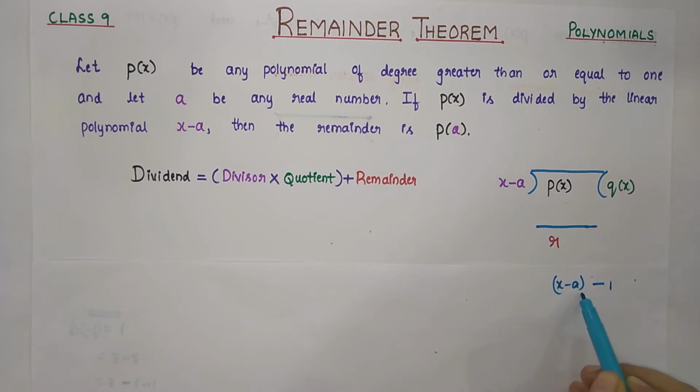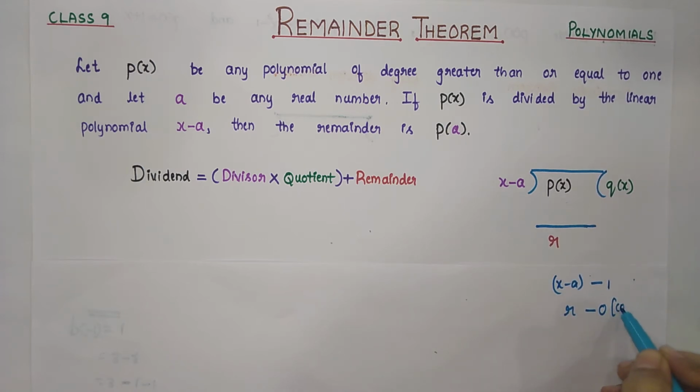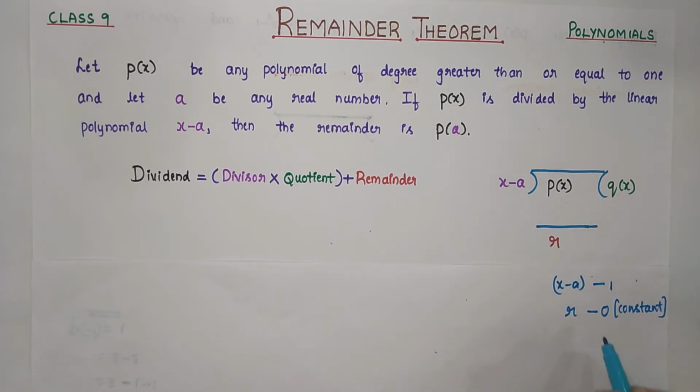If the degree of the divisor is 1, then degree of remainder should be less than 1. So less than 1 means 0. So when the degree of the polynomial is 0, we know that we will call that a constant polynomial, or it is any constant. That is why I represent the remainder r of x as r.